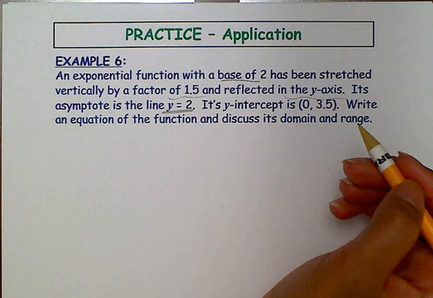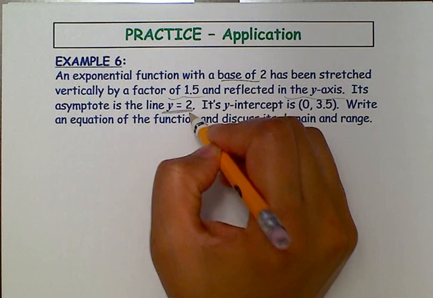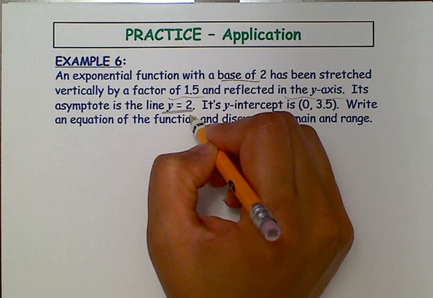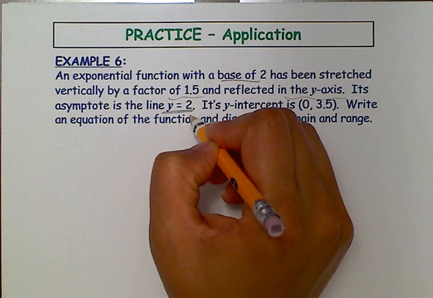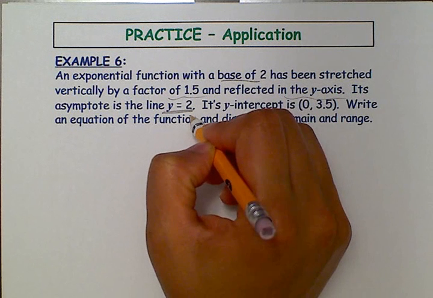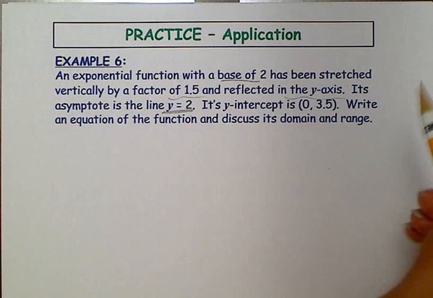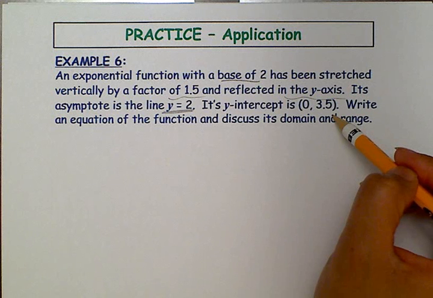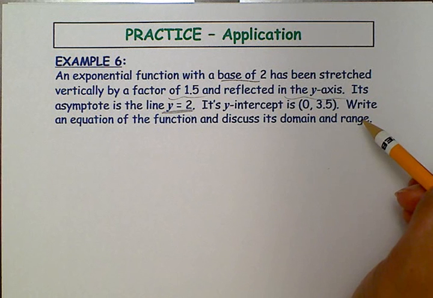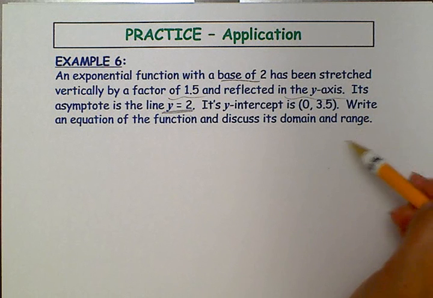So if it's telling me that the horizontal asymptote is at y equals 2, then that's also telling me that the graph has been shifted up 2 units. That's some more information about transformations there. And then it tells me its y-intercept is at (0, 3.5). Maybe that information may or may not be useful. And then it asks me to write an equation of the function and discuss its domain and range.